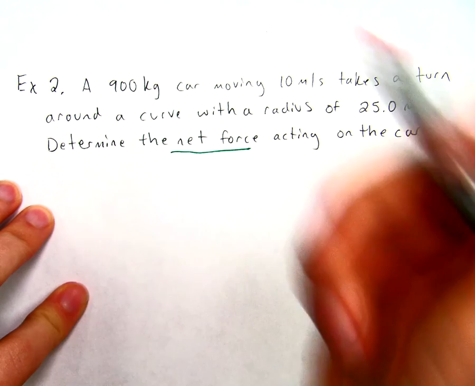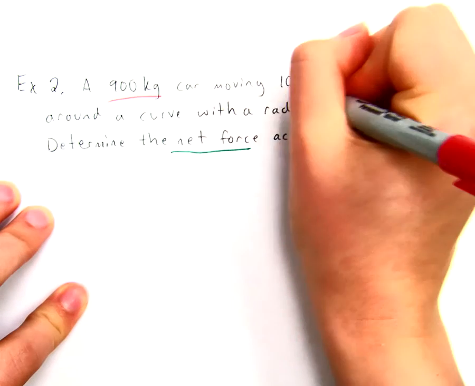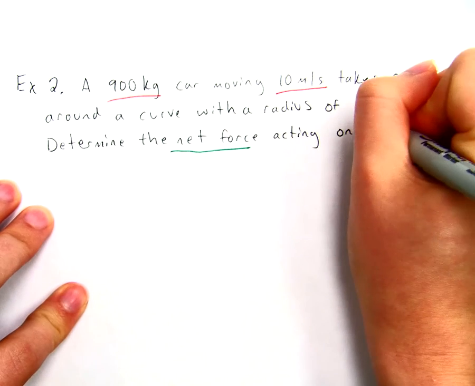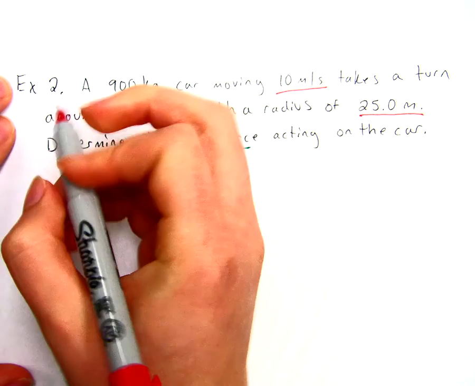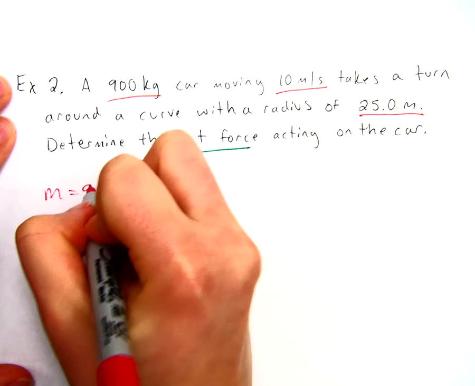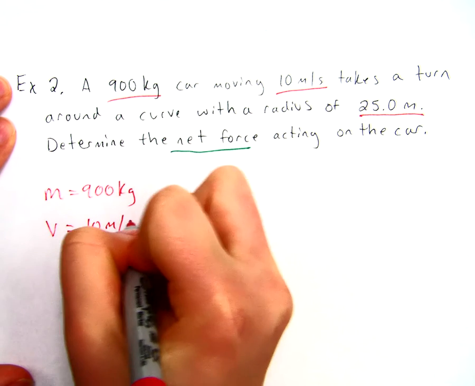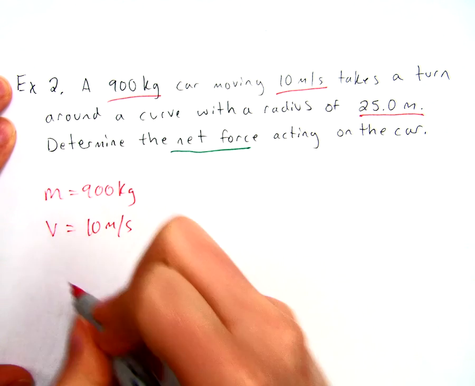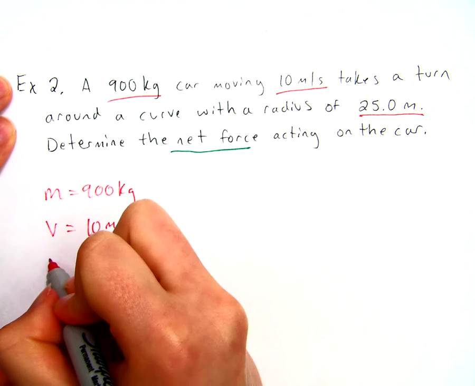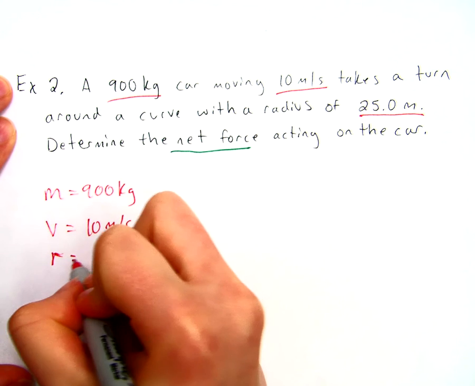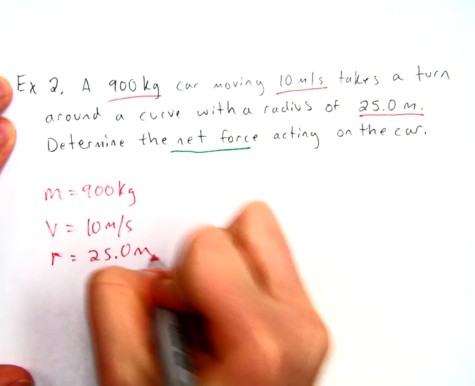So let's look at what they give us. We have a mass, a velocity, and a radius. So your mass is 900. Velocity is 10 meters per second. And your radius is 25.0 meters.